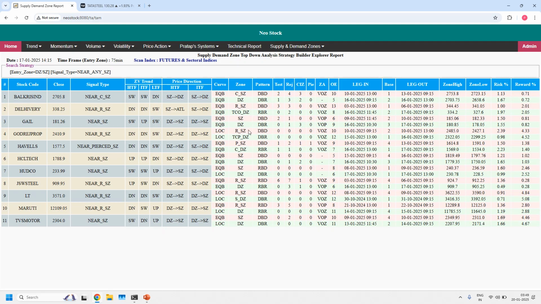Godrej Properties is the third one. JSW Steel is the fourth one. L&T is the fifth one. Maruti is the sixth one. We have 6 high liquidity 75 minute supply zones in this list. So let's analyze them.